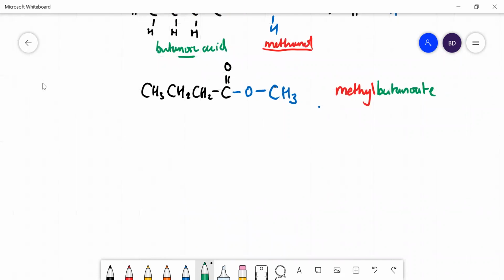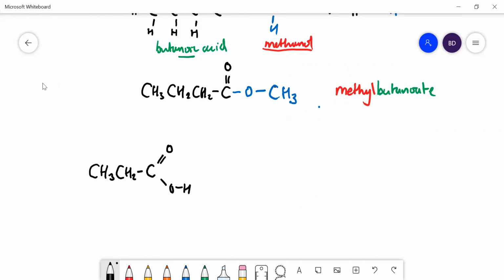Right, I'll just draw another ester. This time let's draw propanoic acid. Instead of drawing all the hydrogens on it, propanoic acid will look like this. You'll have CH3, carbon with 3 hydrogens, then a CH2, a carbon with 2 hydrogens, and then you'll have the carboxylic acid functional group, which you draw out in full. And let's have that reacting with ethanol.